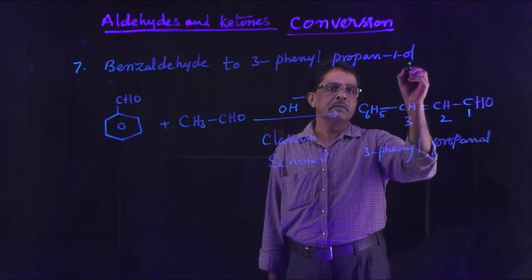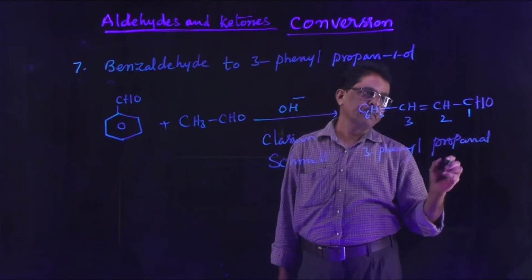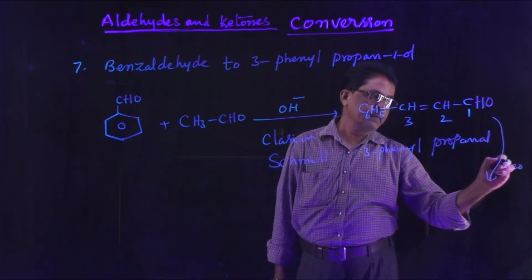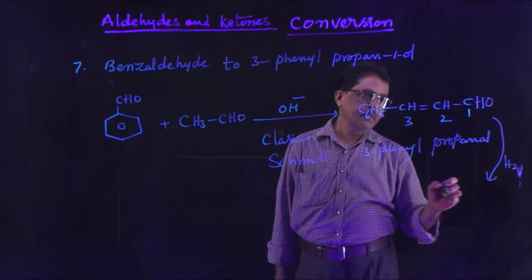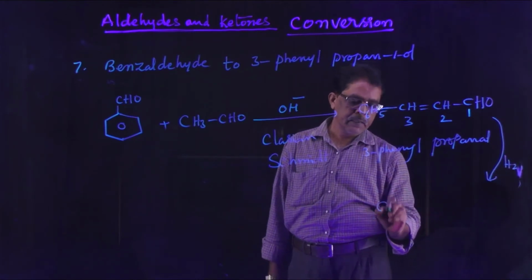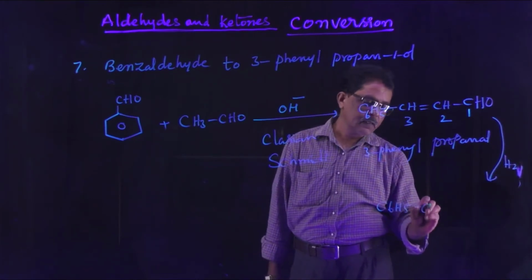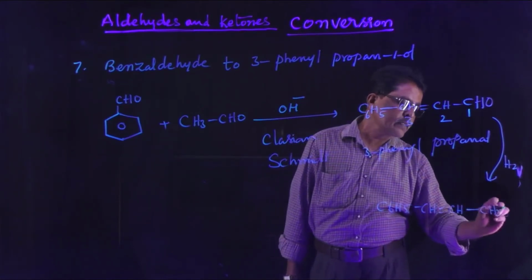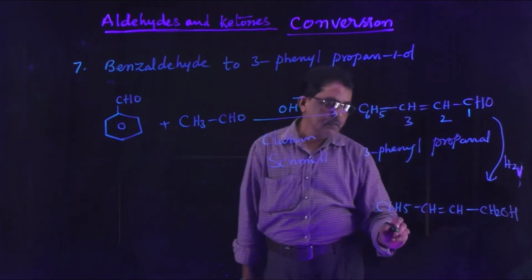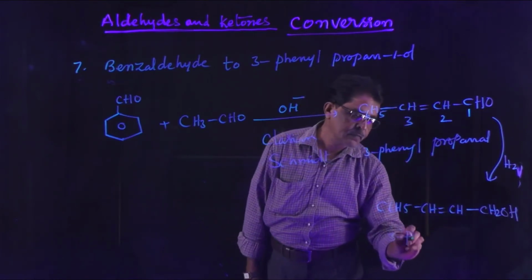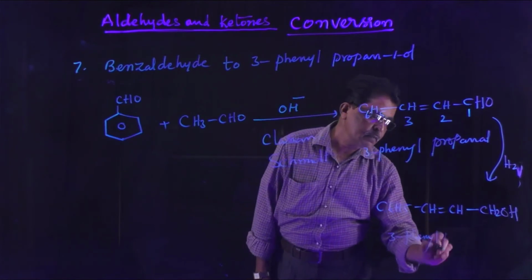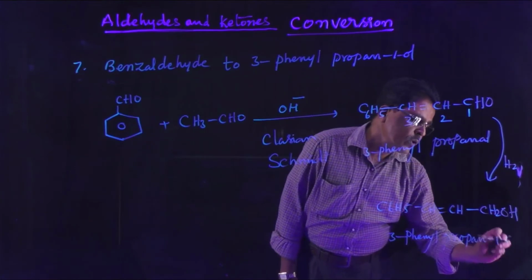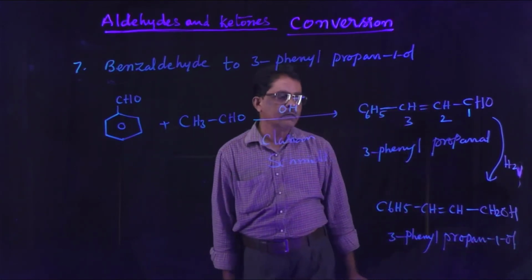It is subjected to reduction again. Then you will get here C6H5CH=CH-CH2OH. Actually, the double bond is also reduced, so this is the 3-phenyl propan-1-ol.